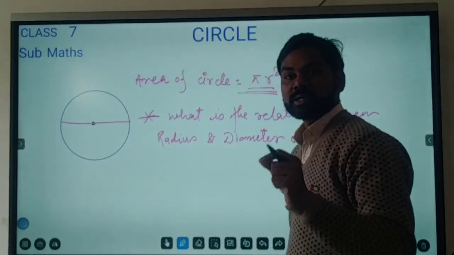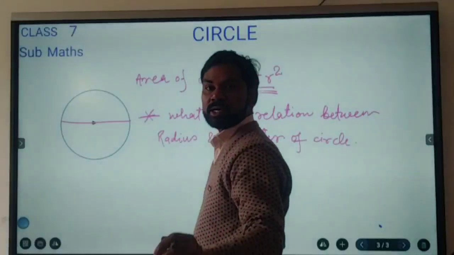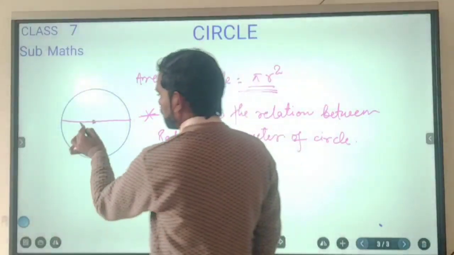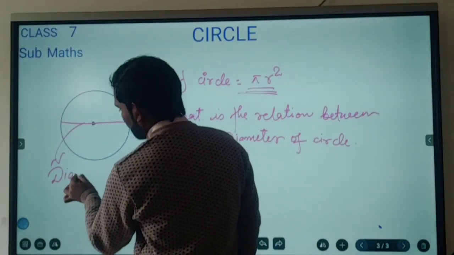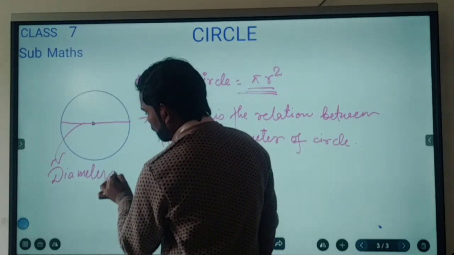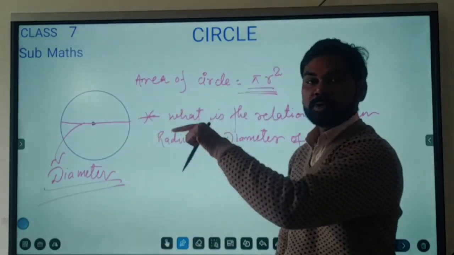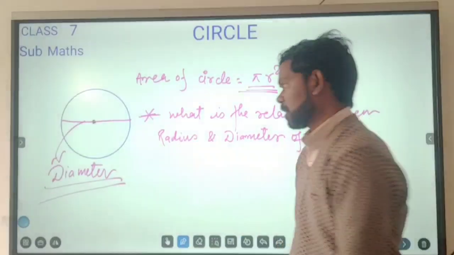The diameter is a line segment which goes through the center and divides the circle into two equal parts. So this line is known as the diameter, and it divides the circle into identical halves.